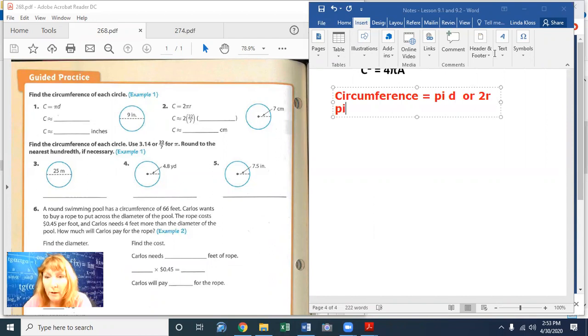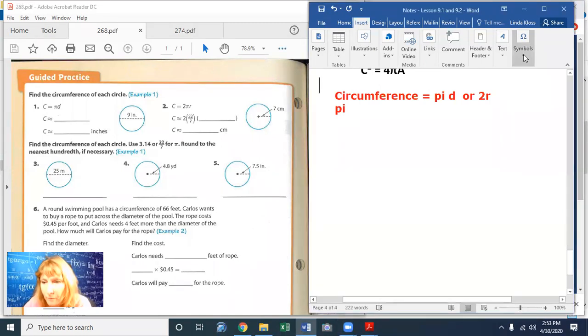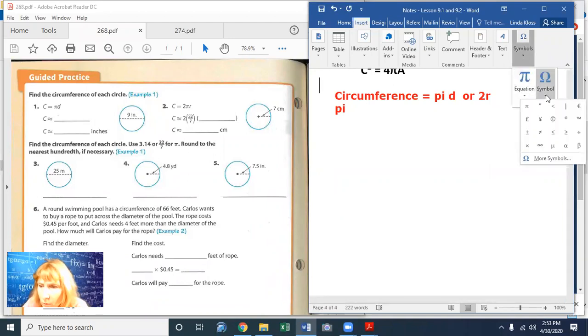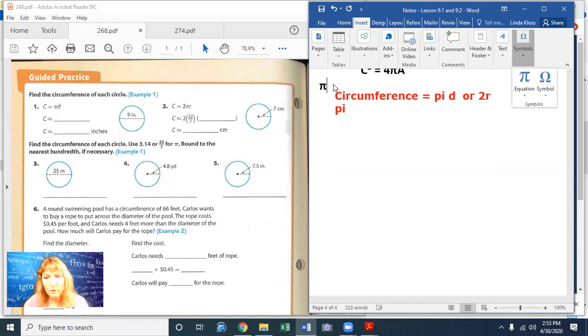I'm going to have to find pi here. Maybe I can just find it right up here. Insert a symbol. Pi should be one of the symbols that I can insert. Yep, right there. Okay, so there's pi.